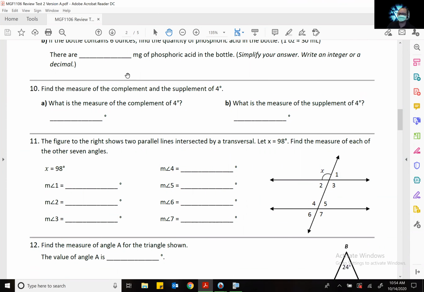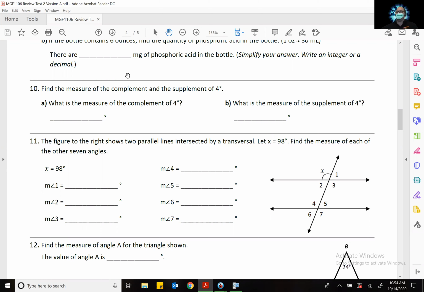All right. Question 10, part A and part B. There are 2 questions here. What is the complement? Not as in like, oh, you look smashing today. Not that kind of compliment. And then what is the supplement of a given angle, 4 degrees?